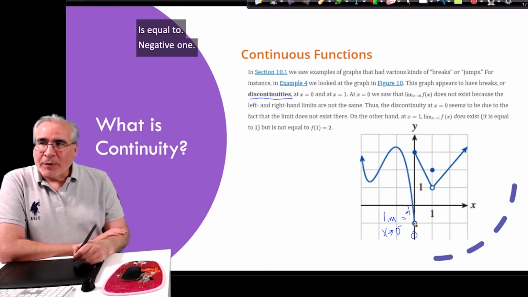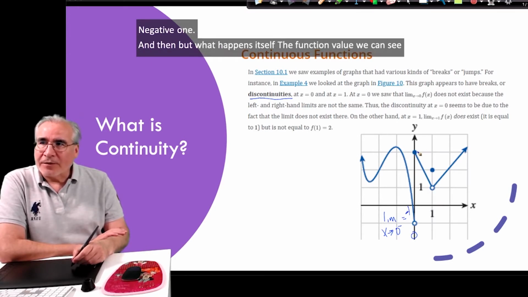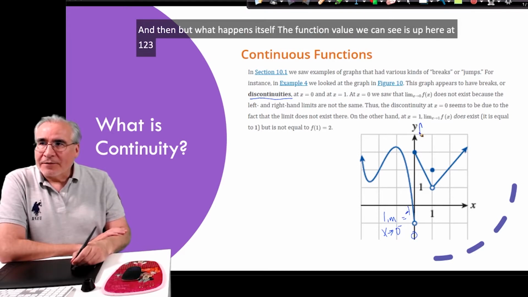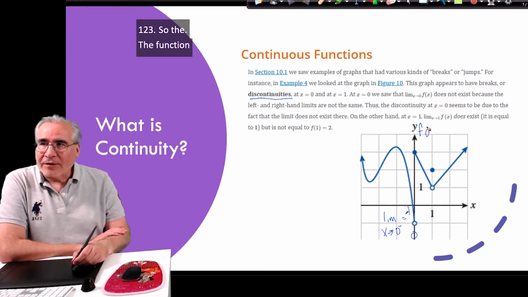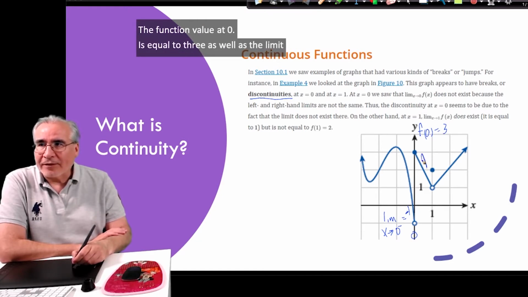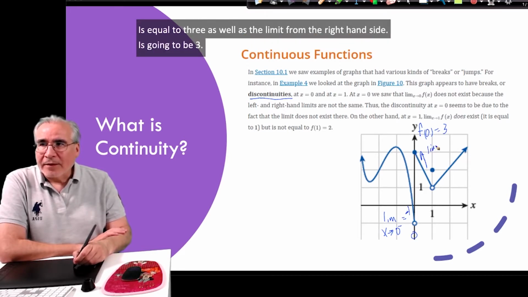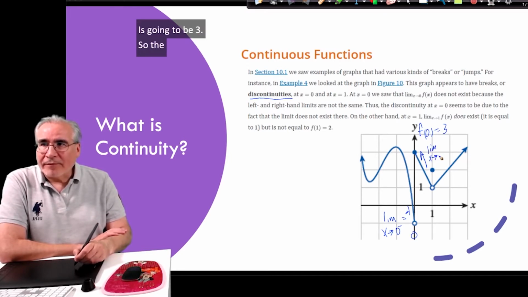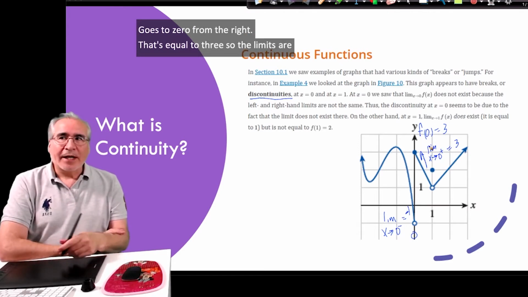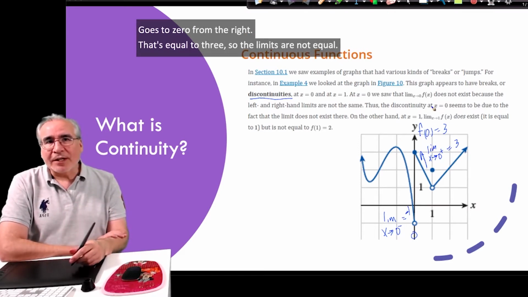But what happens at the point itself, the function value, we can see is up here at 1, 2, 3. So the function value at 0 is equal to 3, as well as the limit from the right-hand side is going to be 3. So the limit as x goes to 0 from the right is equal to 3. So the limits are not equal. There is a function value, but the limits aren't equal.